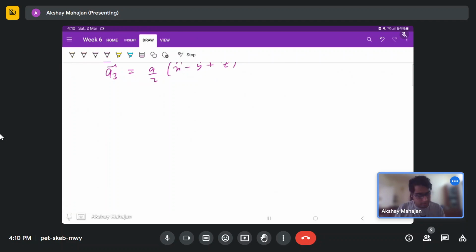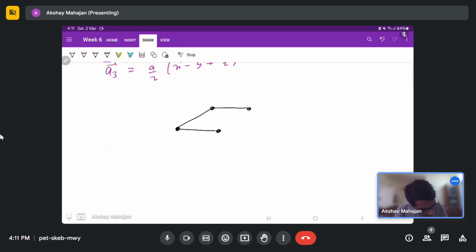Alright, so now for the body centered cubic, basically the structure is given like this. We will have this. I can just make one unit cell here, and then one atom at the center, let's say here.